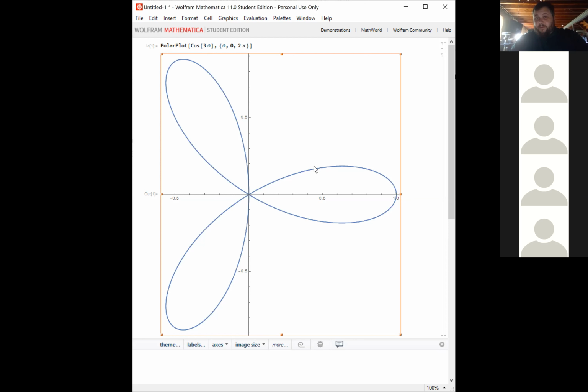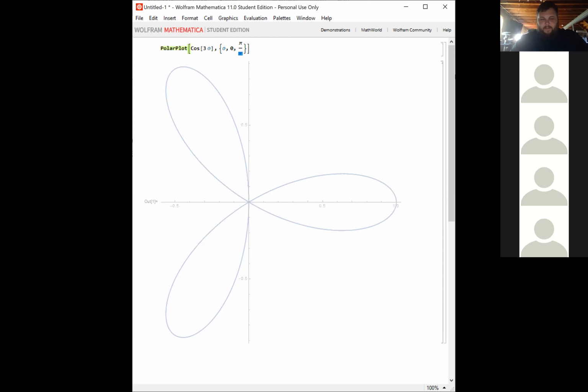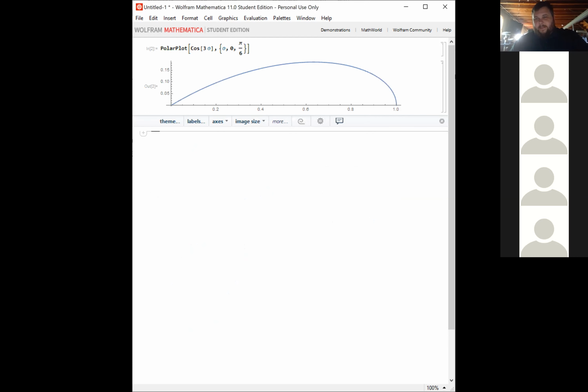Remember, we had direction when we're doing these. And it goes this way. Now, because there's a 3 in here, this angle is not pi over 2. It's going to be pi over 6, right? Because we want the interior of the cosine, the argument, to be pi over 2. So if I were to change this angle here to pi over 6, it should just plot the top half of one petal. And it does that.